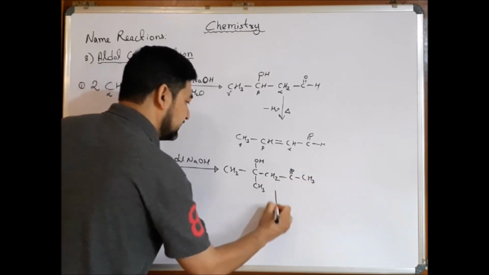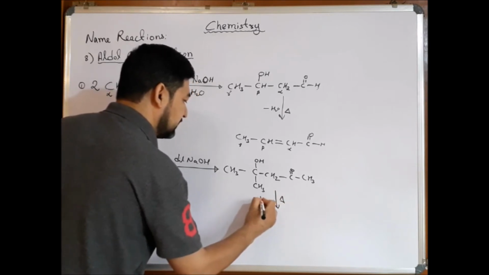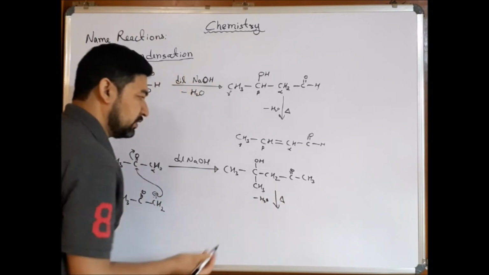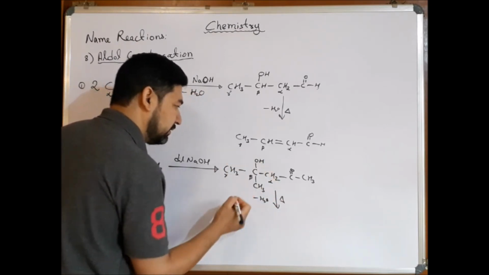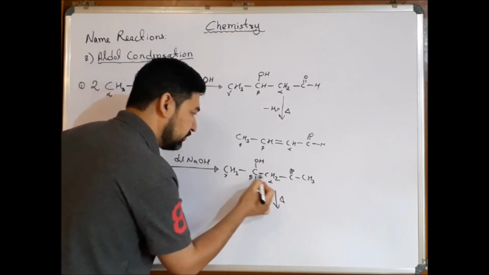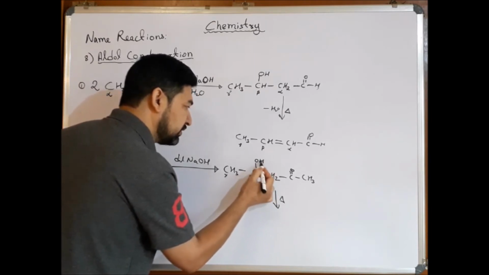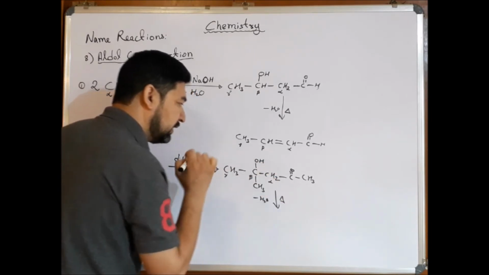When it is heated, again it releases one molecule of water. This is alpha, beta, gamma, and this is the OH group. From the alpha carbon, beta, OH comes out, and from here one H comes out.